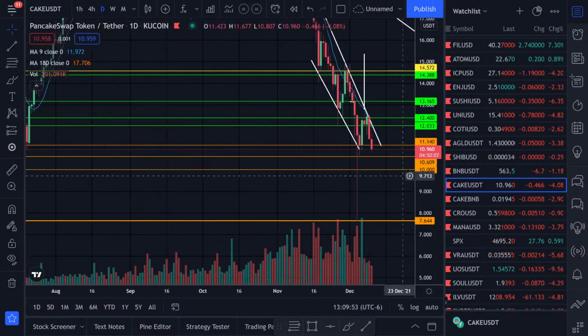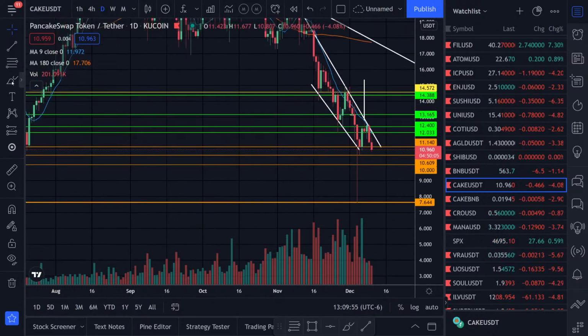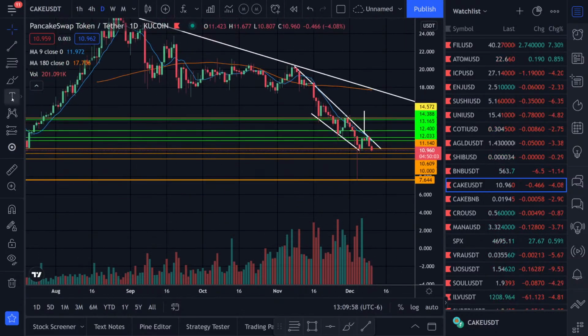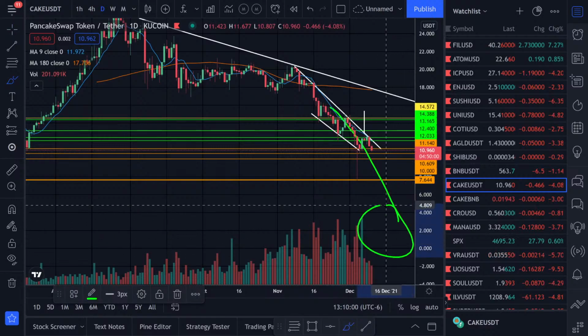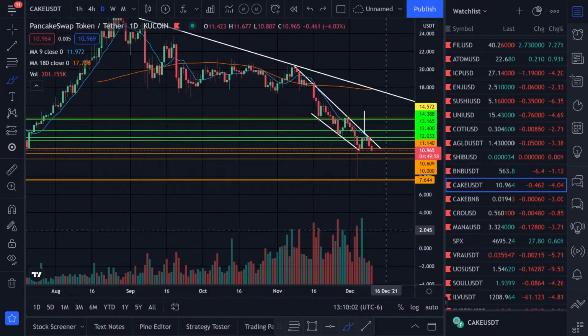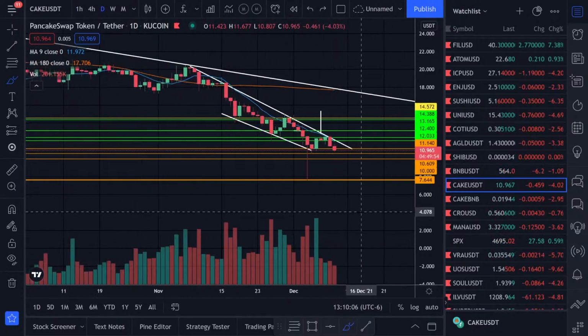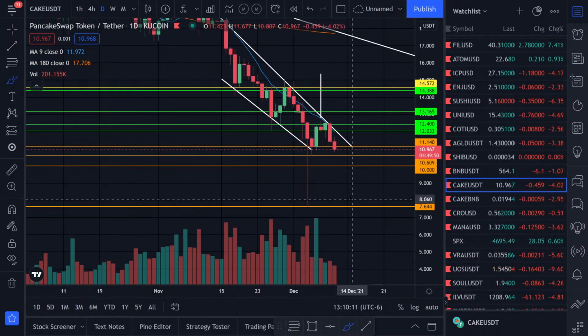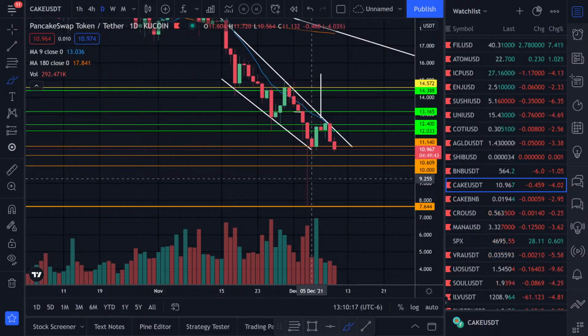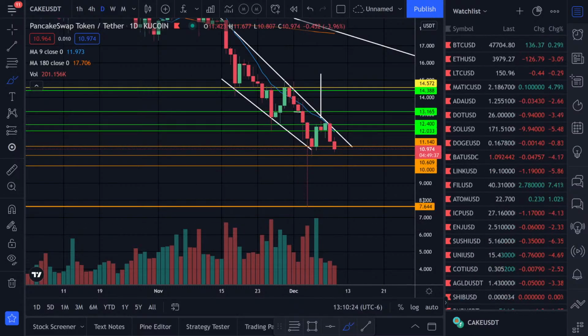But if it goes to zero, then having a bunch of coins isn't really, I don't know. What am I trying to say? I guess I'm trying to say that I don't really know a lot about PancakeSwap. I'm just playing around with it and playing around with staking and stuff. But I think that's about it.